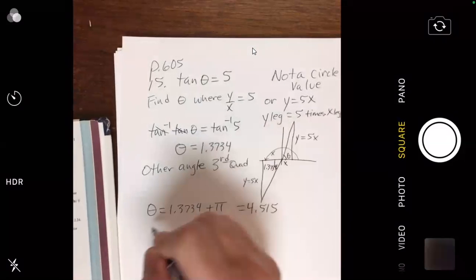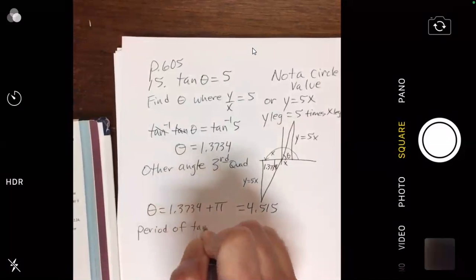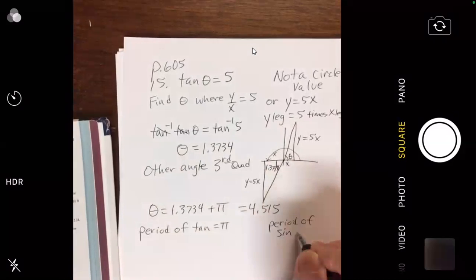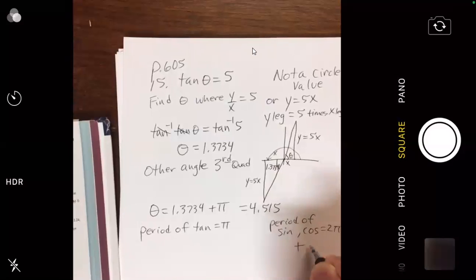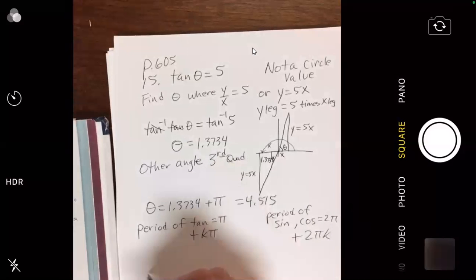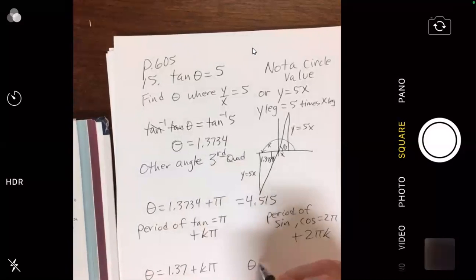Remember, the period of tangent is pi, period of sine, cosine, 2 pi. So that's why you add on, for sine and cosine, plus 2 pi k, but for tangent you add on k pi. So you have an angle of 1.3, so they're using 2 digits, plus k pi.